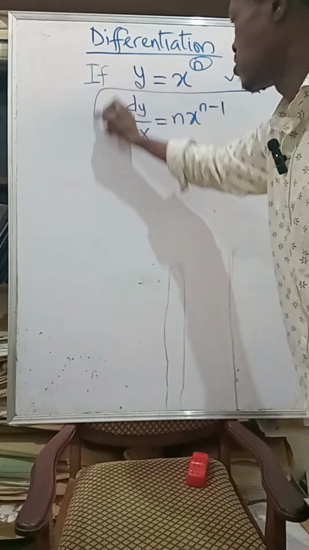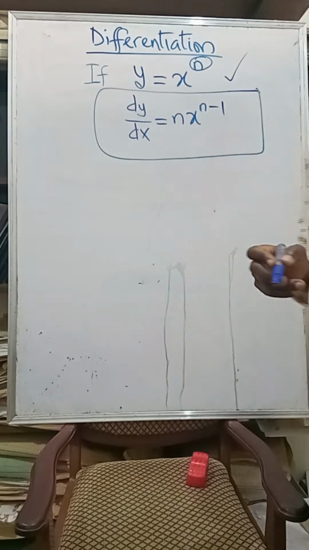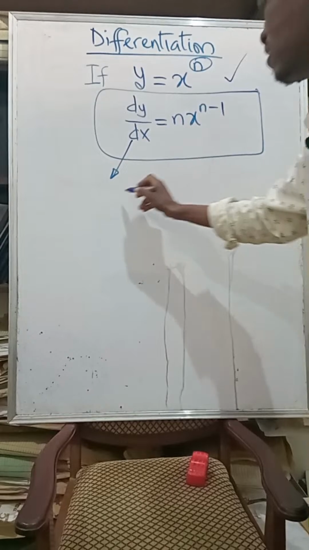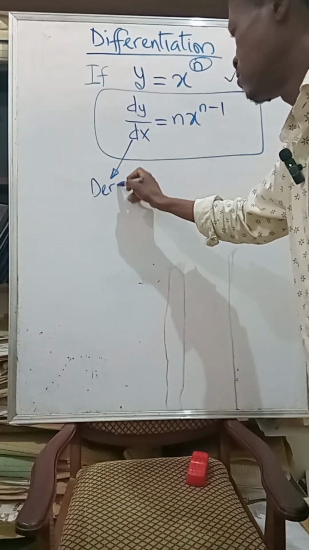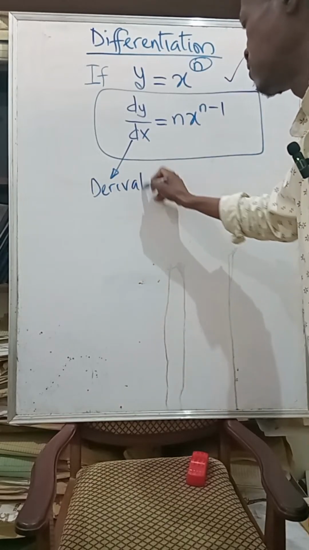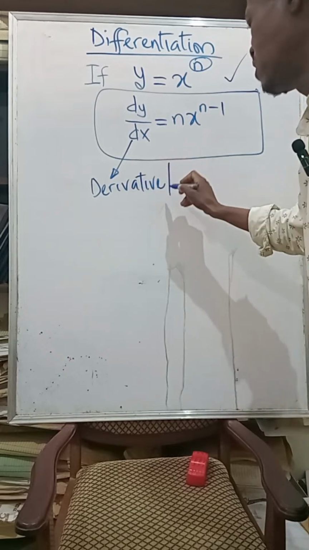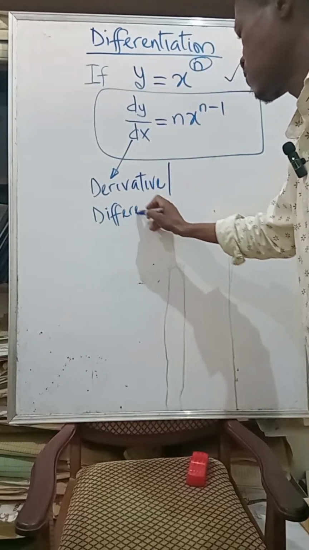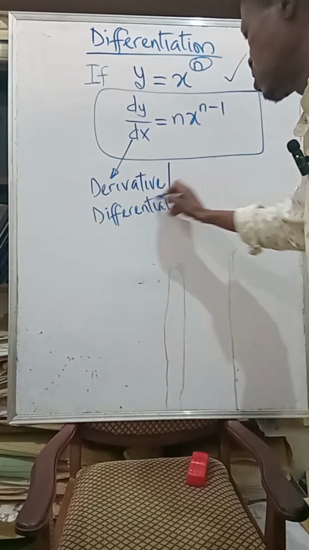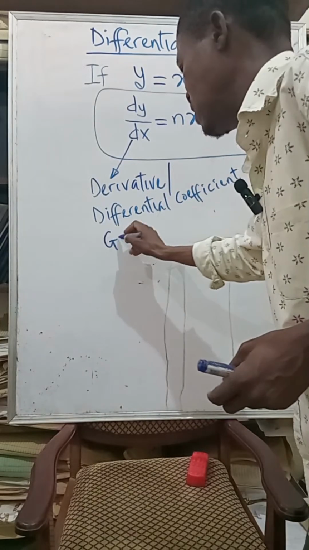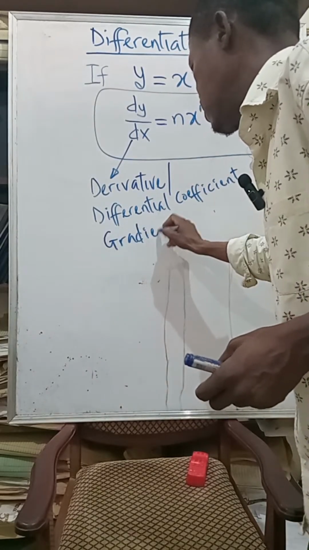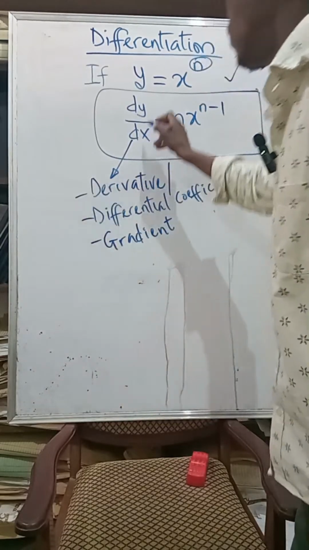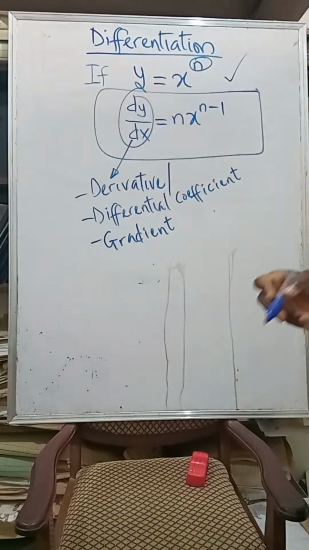That's the general formula for differentiation, where this dy/dx is called the derivative, or we call it differential coefficients, or gradients. These are the names for dy/dx.